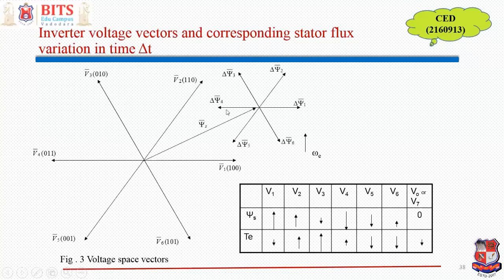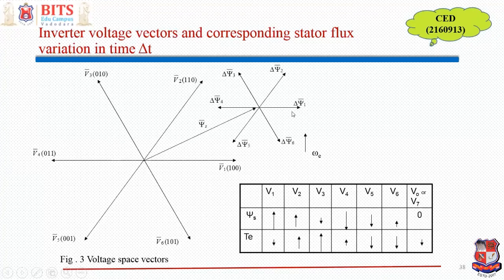If I select any of these 3, the stator flux is going to advance, that means move in this direction. So the rotor flux and stator flux will have a larger angle, so torque will increase. If I select vectors like 2, 1 or 6, then the resultant stator flux is going to increase. See, this plus this, the resultant is going to increase.